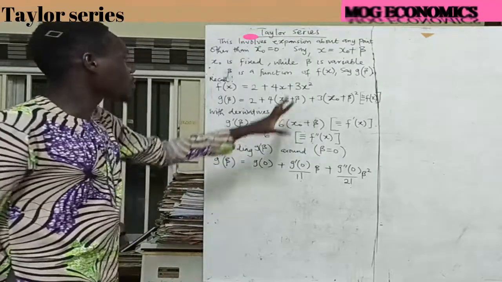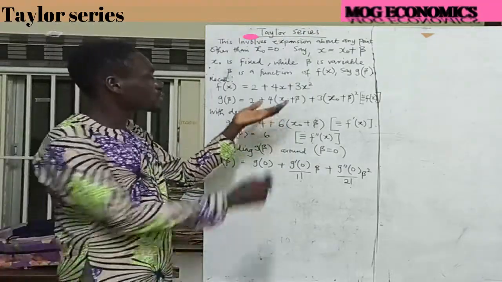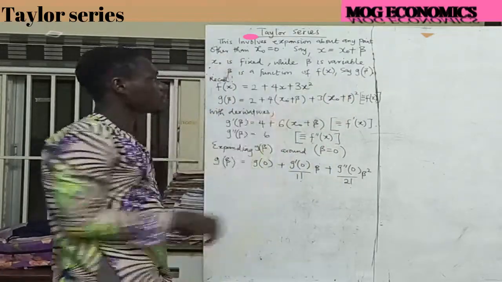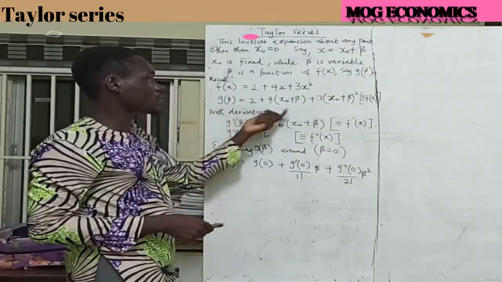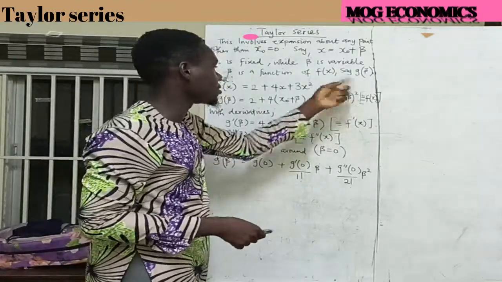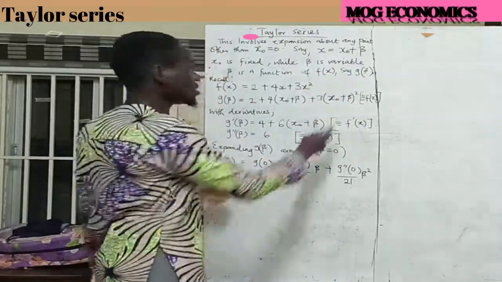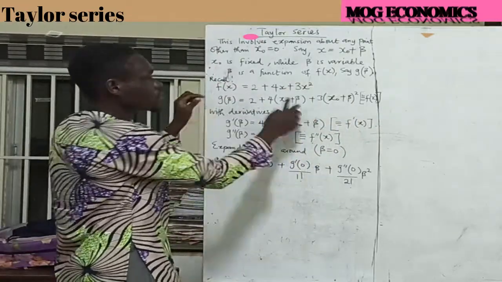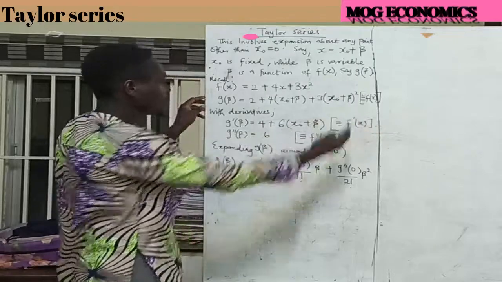So here, what we have done simply is to substitute what we have here into the function, which is equivalent to this, because we have established here that this is a function of beta.